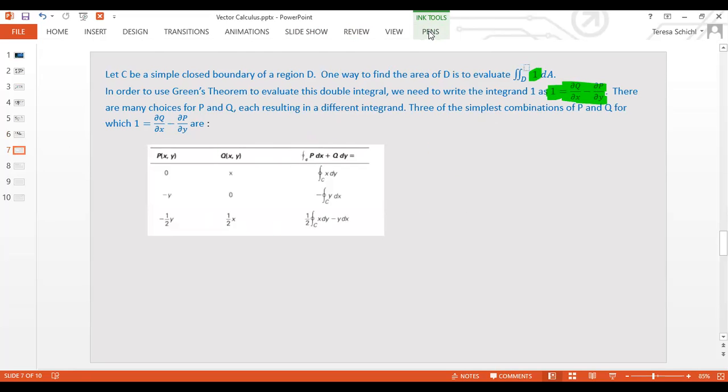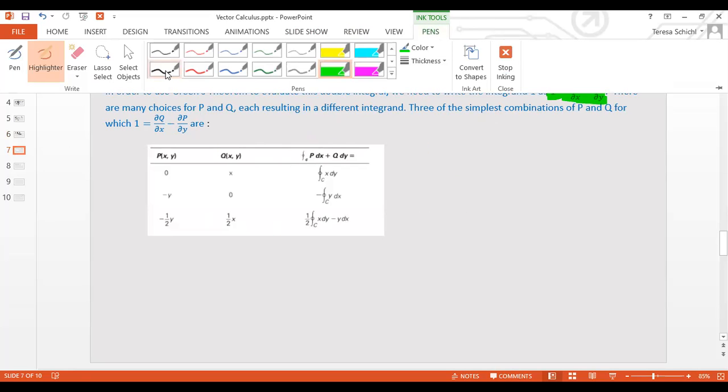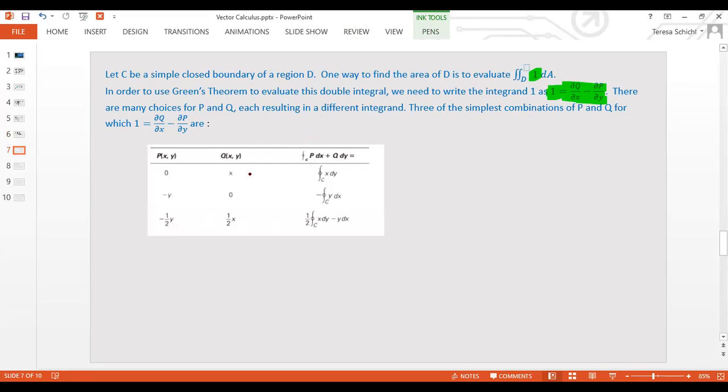This table gives us three very commonly used P(x, y) and Q(x, y). For example, P is 0 and Q is x, or P is negative y and Q is 0. When you combine them into these integrations, ∂Q/∂x minus ∂P/∂y is equal to 1.